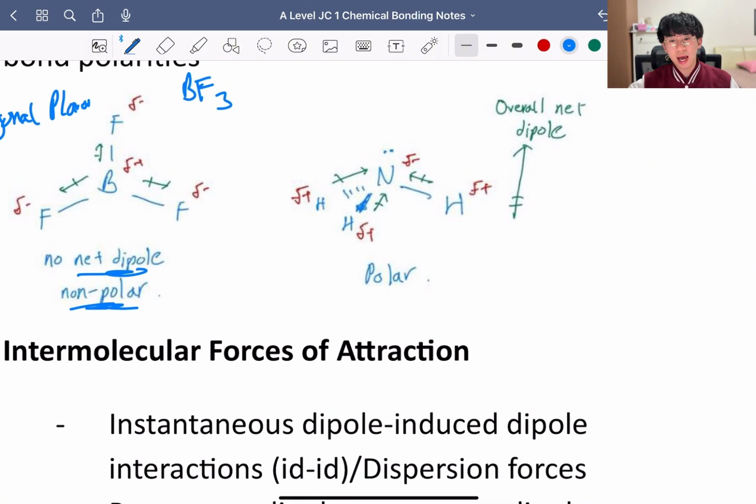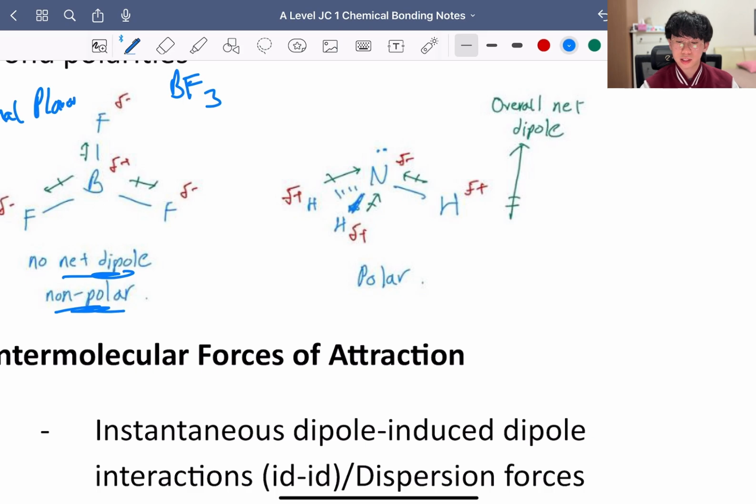But when you look at NH3, for example, again, all the atoms on the outside are the same. So this is hydrogen. N is more electronegative, so it's pulling all the electrons. But because of its shape, this shape, if you reference above, is trigonal pyramidal.